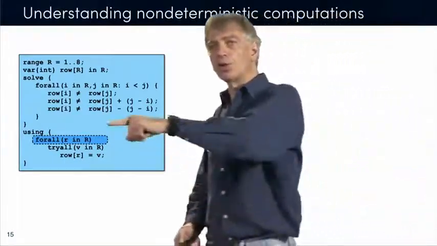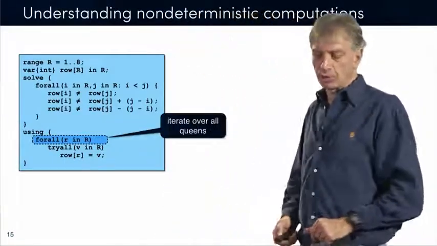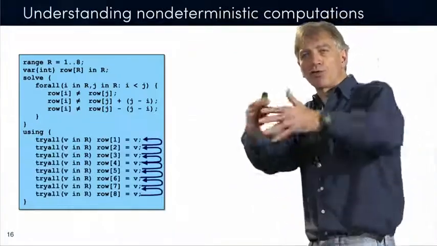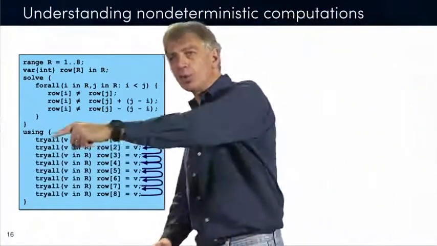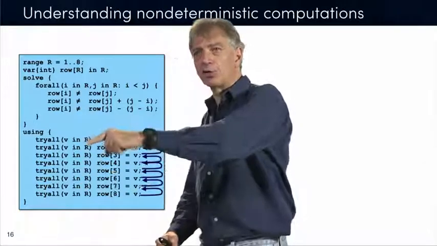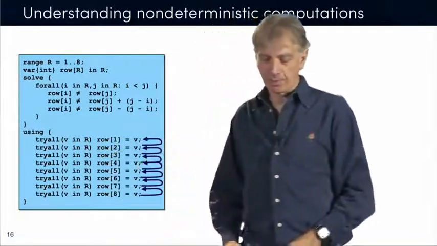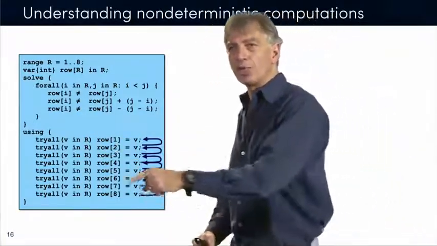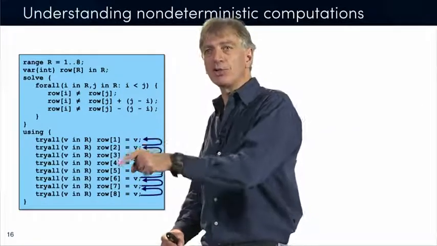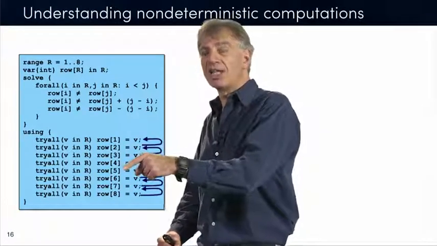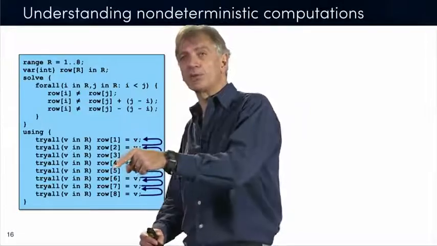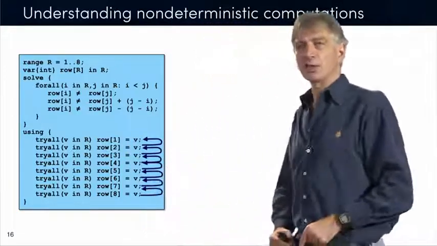When you look at a for instruction, you can unfold this loop, and what you're really doing is a bunch of try instructions for the first variable, for the second variable, and so on. Now, if at any point you fail for one of these, you go back to the previous one and try another value. If there are no values left, you go back to the previous one, try another value, and so on. That's what the system is doing.